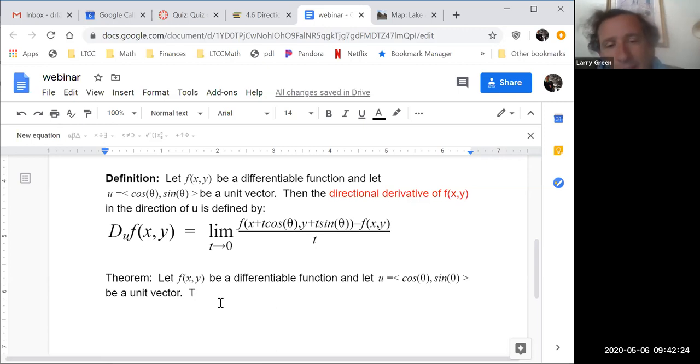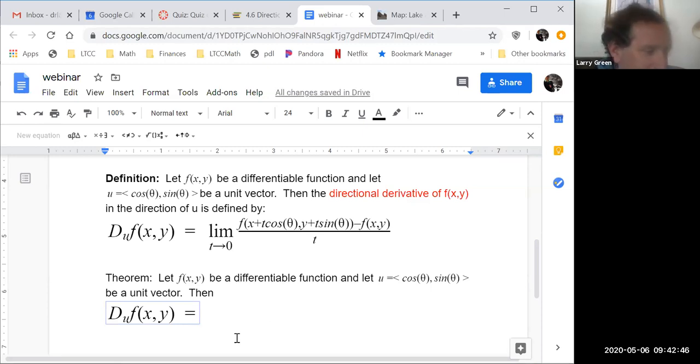Let f of x, y be a differentiable function. Suppose we have a unit vector u. Then D sub u of f of x, y is equal to, this is one you may not have guessed, the gradient of f dotted with u.